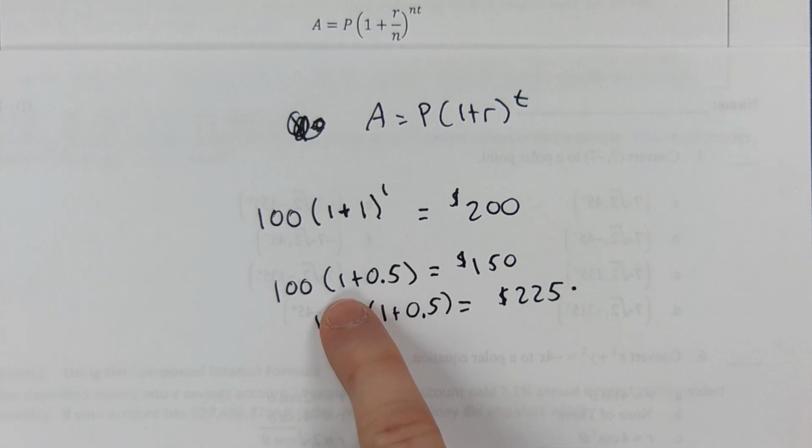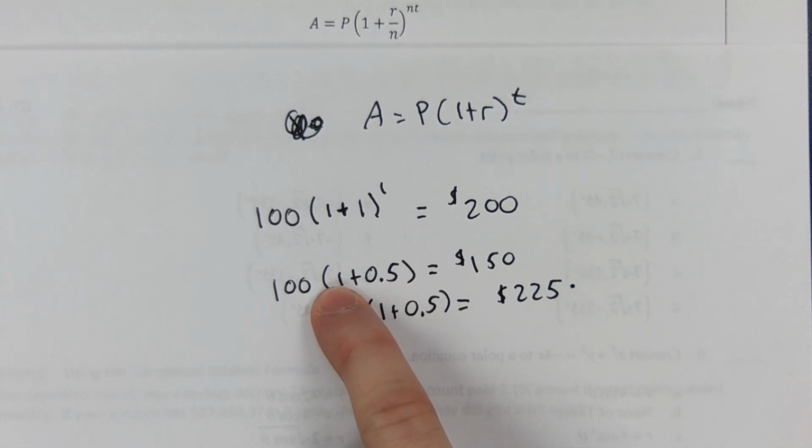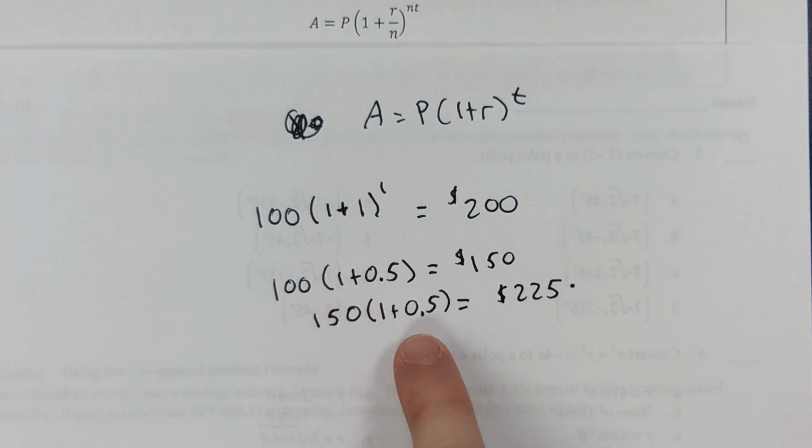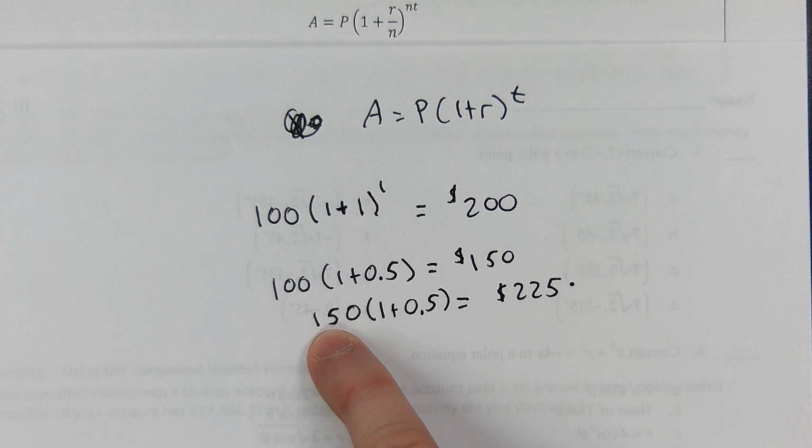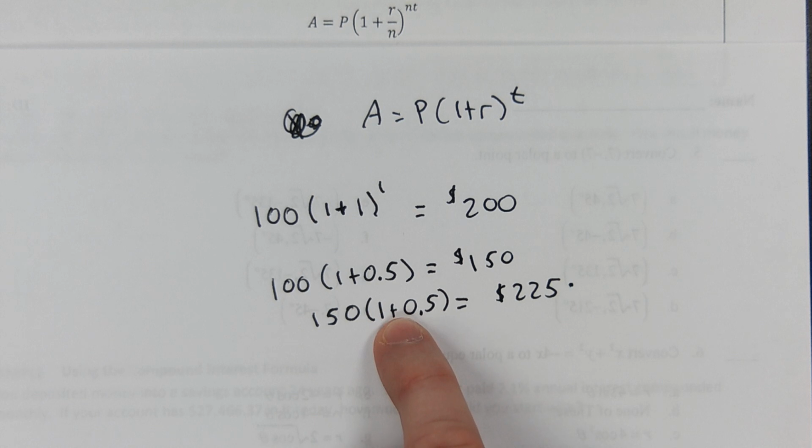So right here, I was getting 50% interest on my principal only. But then here, I was getting that 50% interest on the original principal of $100 and on the $50 of interest I already had. So here we're getting interest on interest, and that's a big deal.